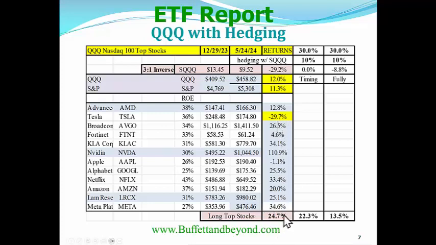We're up 24.7%. That's double the S&P 500, double the QQQs themselves. So our top stocks in here are up 24.7%. Now, what if we hedged about 30% so that when the market falls, this portfolio does not fall as much as the market?